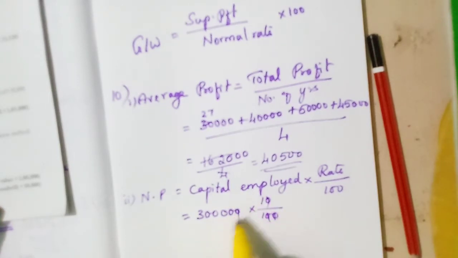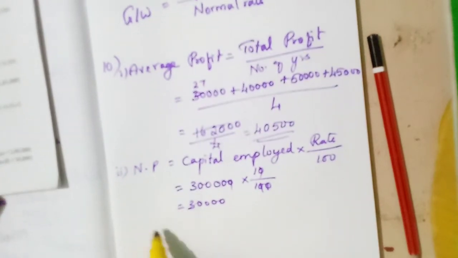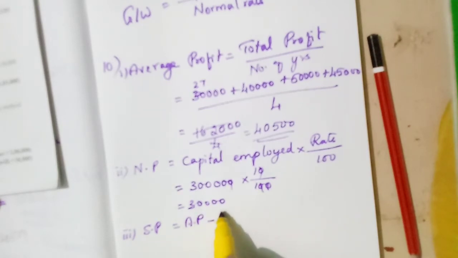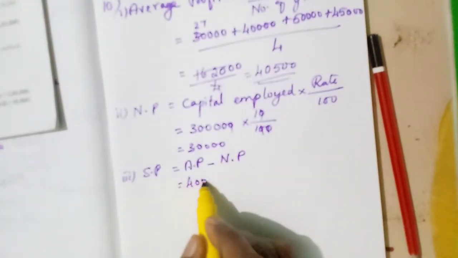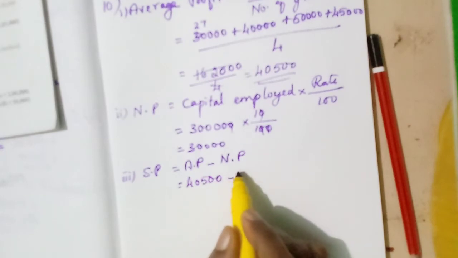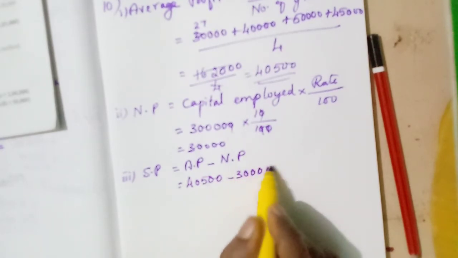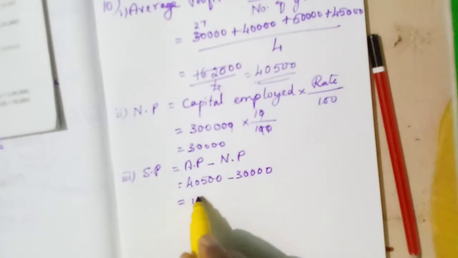So 30,000. Now super profit: average profit minus normal profit. Average profit is 40,500, normal profit 30,000. So 10,500.